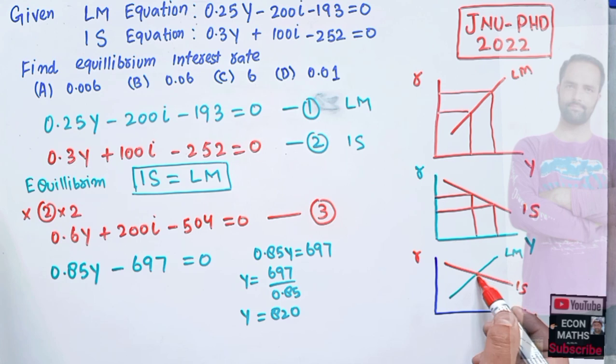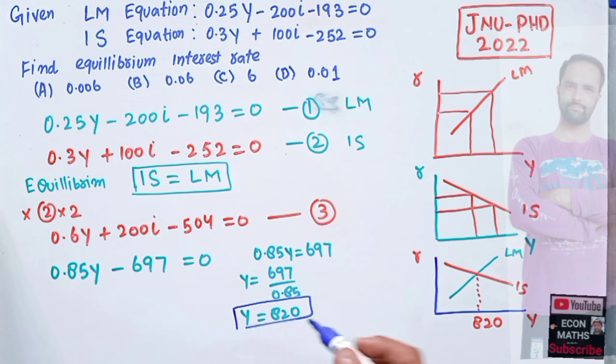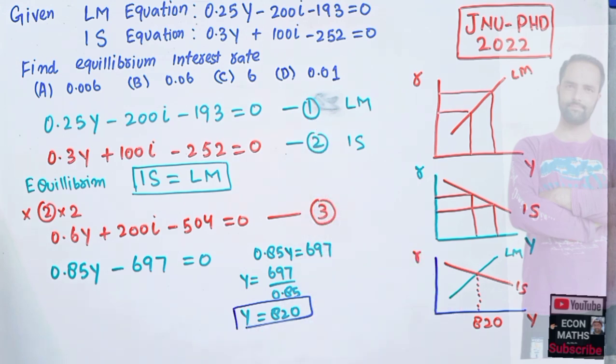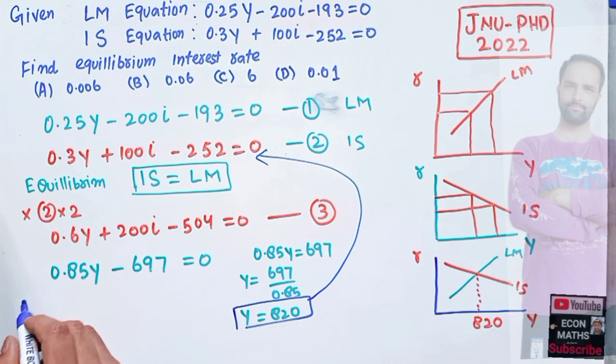So we got the equilibrium income level of 820, but we need to find out the equilibrium level of interest rate. What will we do? We simply plug y equal to 820 into either the IS equation or the LM equation. So let's put it in this equation to get the equilibrium level of interest.